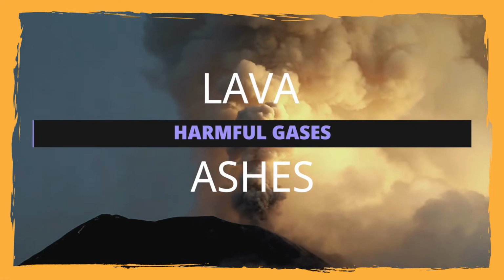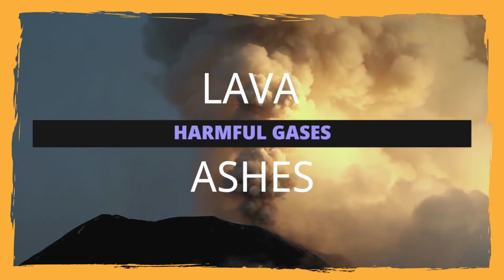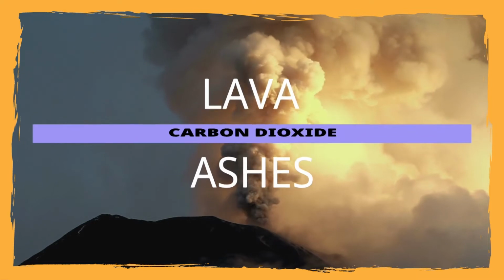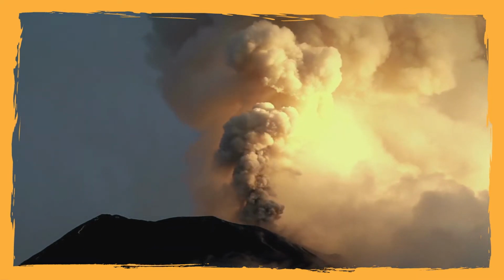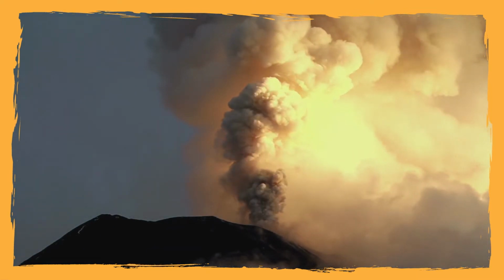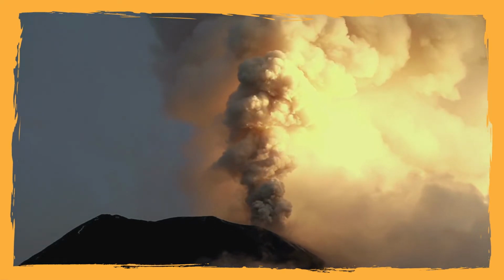Volcanism releases lava, ashes, carbon dioxide, sulfur dioxide, carbon monoxide, hydrogen sulfides, and nitrogen dioxide, which are extremely harmful to humans and nature. Goodness me, that sounds like a very dangerous mixture.